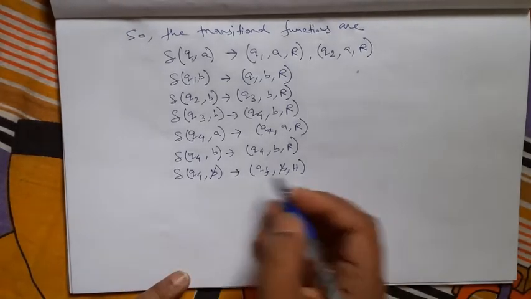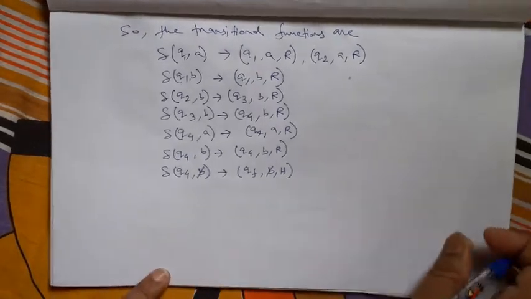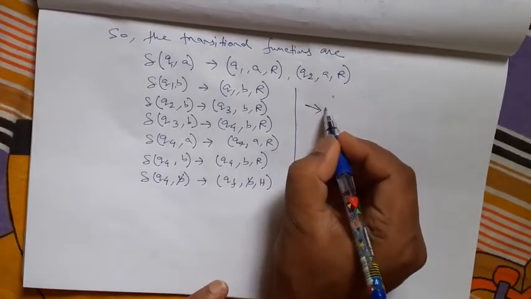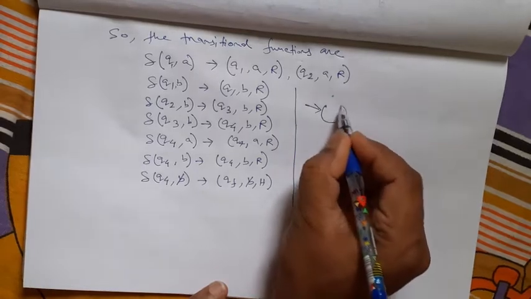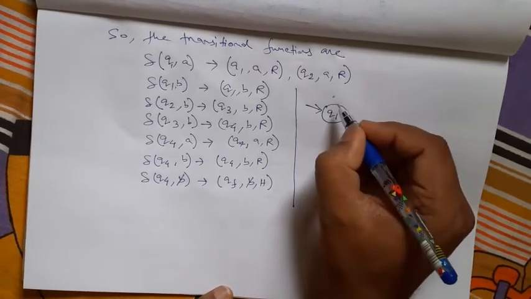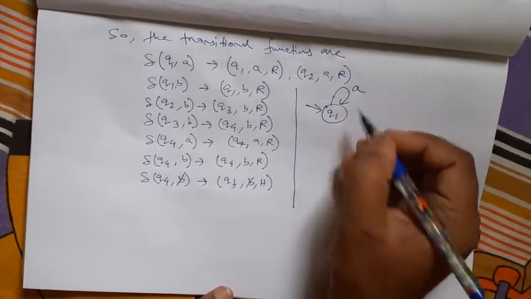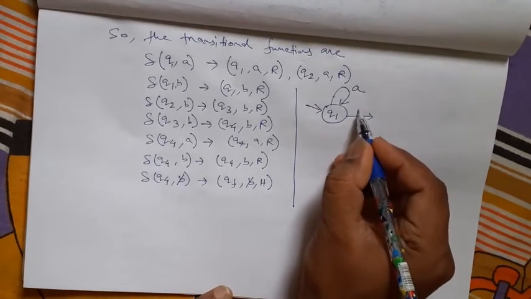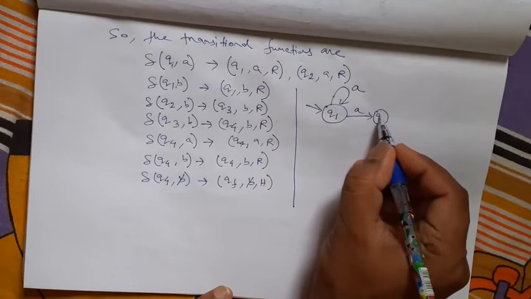If I represent this diagrammatically, it looks like this. In finite automata, in the q1 state, reading a symbol a, it can go to q1 or to q2.